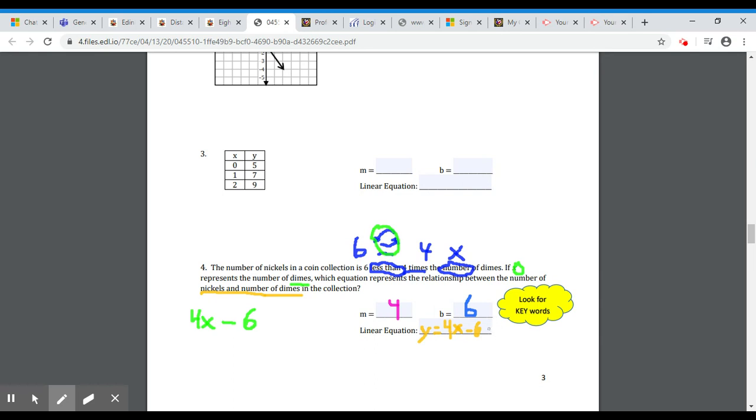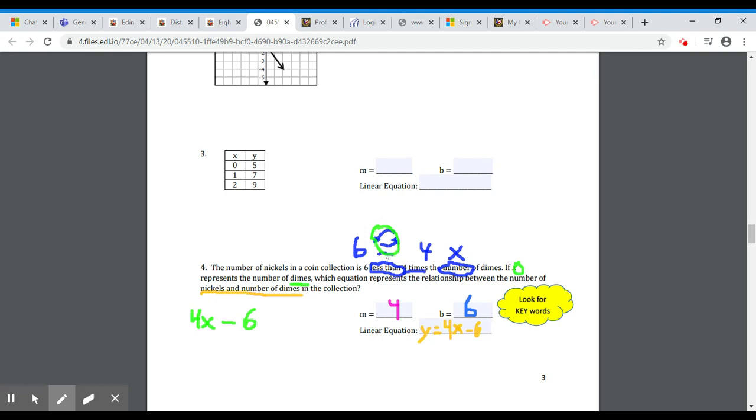So when we're doing this from a word problem, read it at least once, maybe even twice. Then go back and read it piece by piece and circle your keywords. Once you circle your keywords, right on top, write what does that mean?